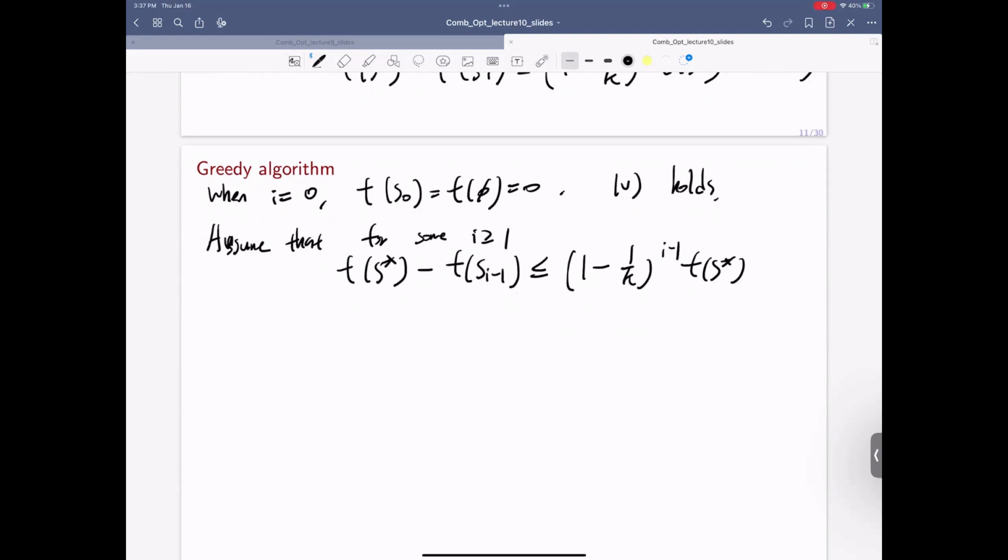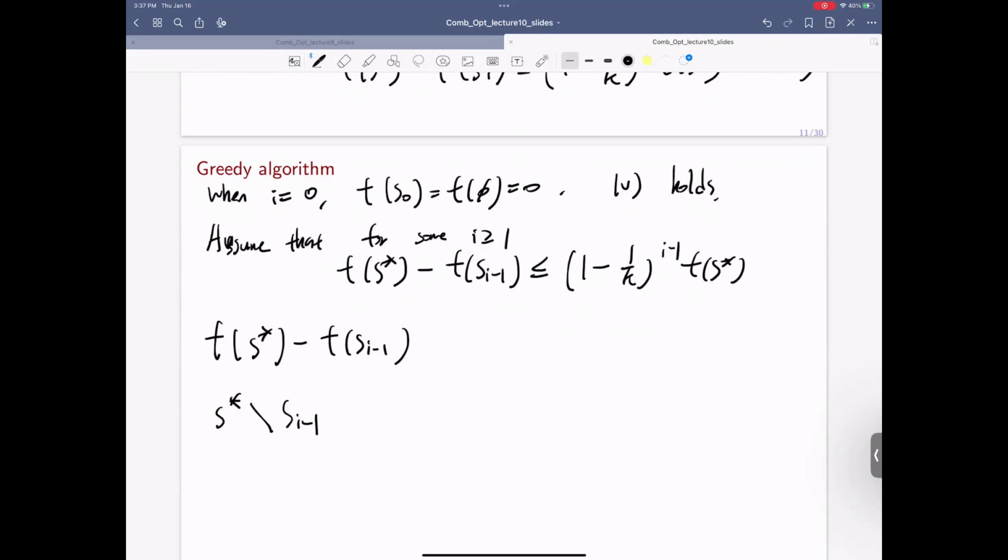So let's look at f of S star minus f of S_{i-1}. Now, let me look at the elements that are outside this subset S_{i-1}.